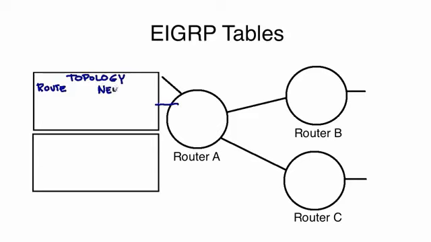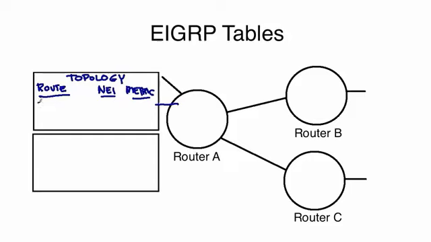And then it's going to ask, now that I know about this route, which neighbor did I learn it from? And then finally, it's going to say, all right, I know the route, I know the neighbor I learned from, what metric should I assign to it? Which way should I send or forward traffic?